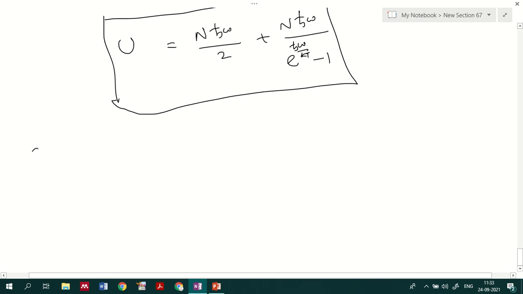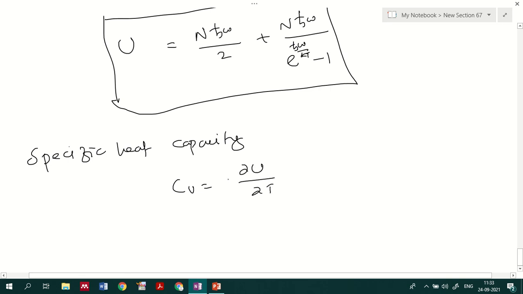For specific heat capacity at constant volume, Cv equals ∂U/∂T at constant volume. Since this β representation is there, we have to execute that.